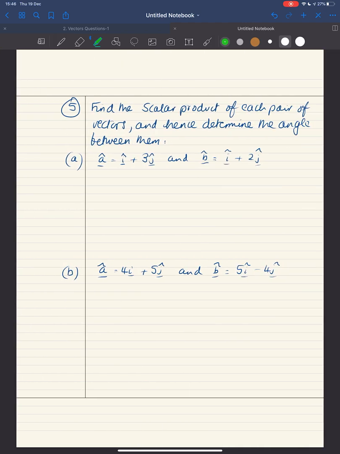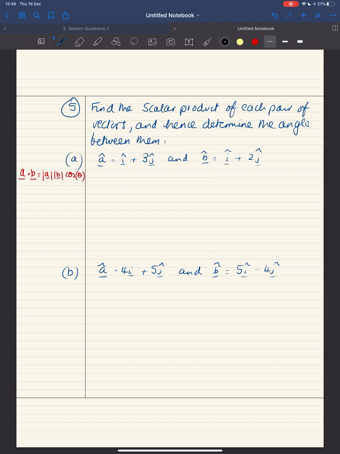Number 5, find the scalar product of each pair of vectors and hence determine the angle between them. Okay, so the scalar product is A dot B equals size of A, size of B, cos of the angle between them.